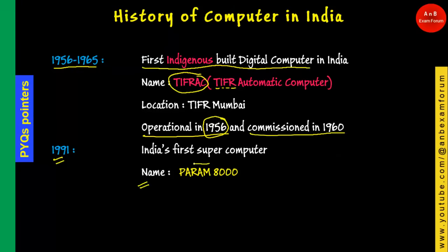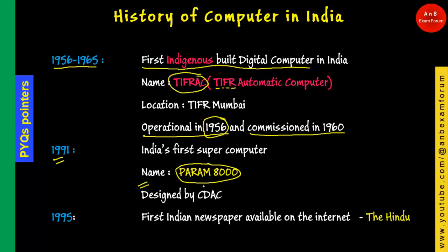So just remember the name, it is Param 8000, the first supercomputer, and the credit goes to CDAC. CDAC is an organization which does a lot of research in computing, and they made the first supercomputer in India, that is the Param 8000 series.